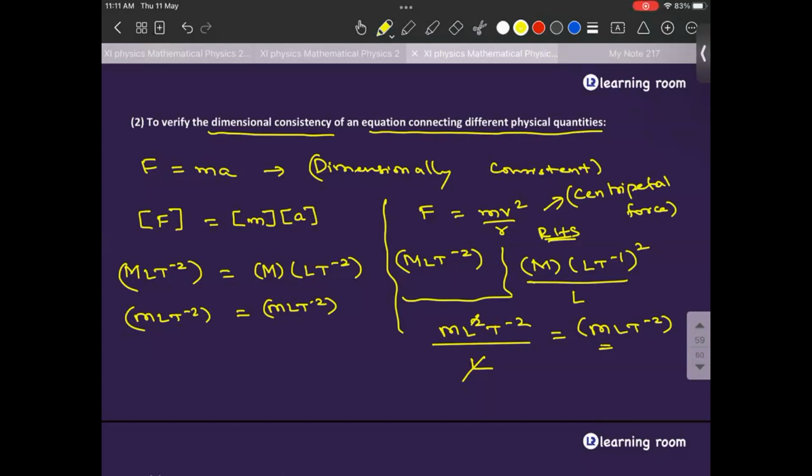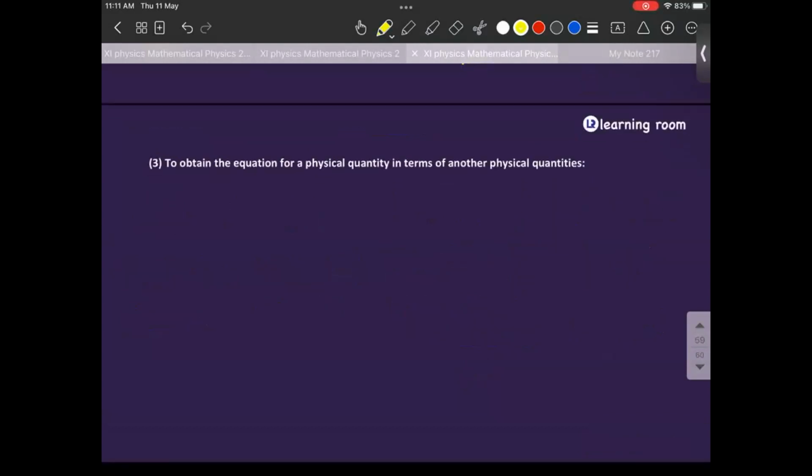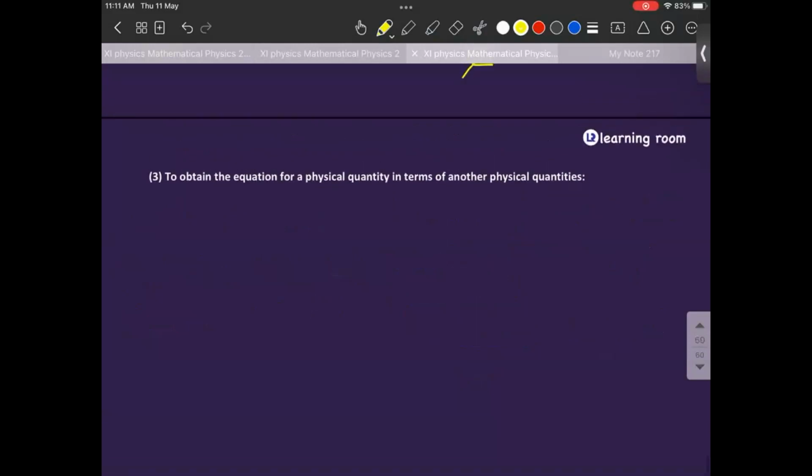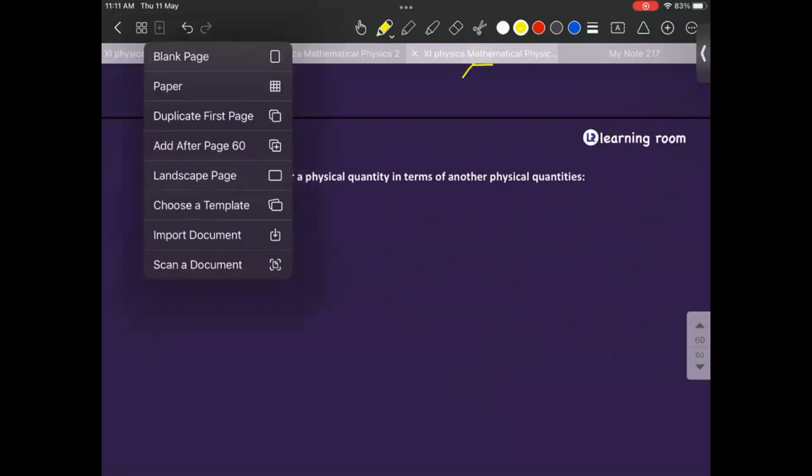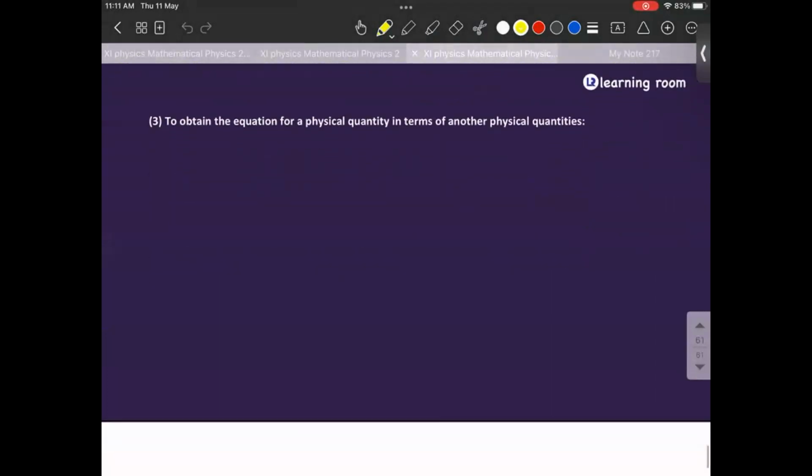I'll explain it. Listen. The last one is about obtaining the equation for a physical quantity in terms of other physical quantities. For example, I say kinetic energy, right?